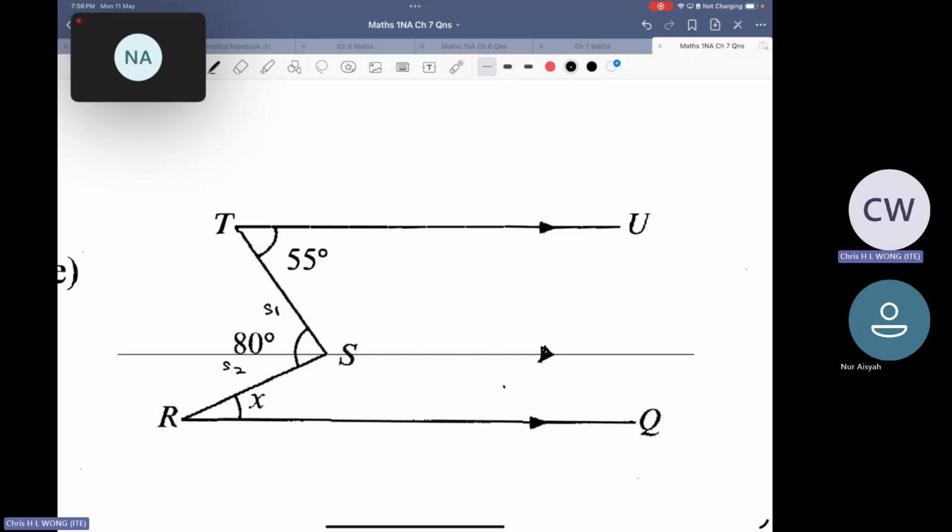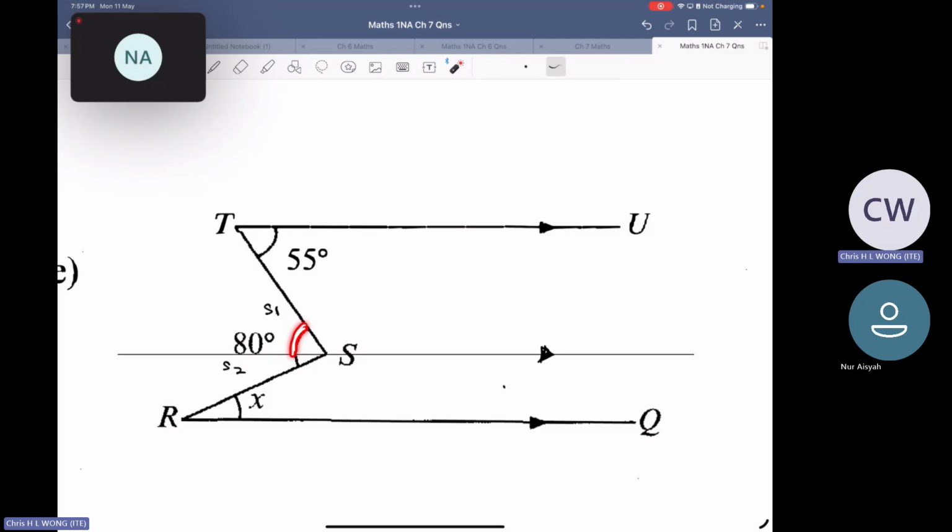Okay, what do you see? Can you see this? The moment you put a line at the center, you created an alternate angle now. So what is this? Very good.